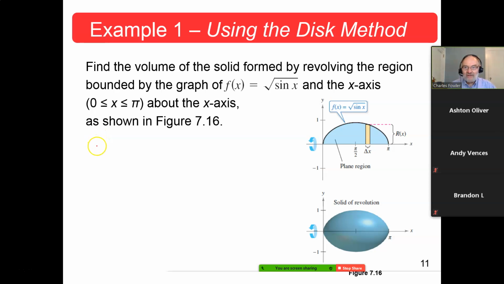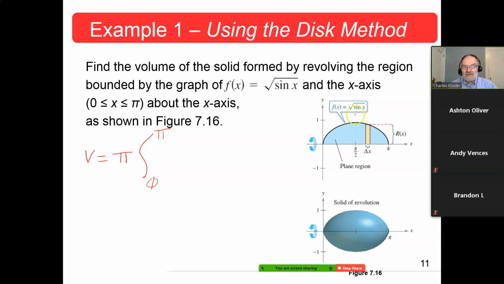That's good. So what we have is the volume is going to be pi times the integral from x equals 0 to x equals pi of this f, that's your radius, because it's that minus 0, the square root of sine x, squared.